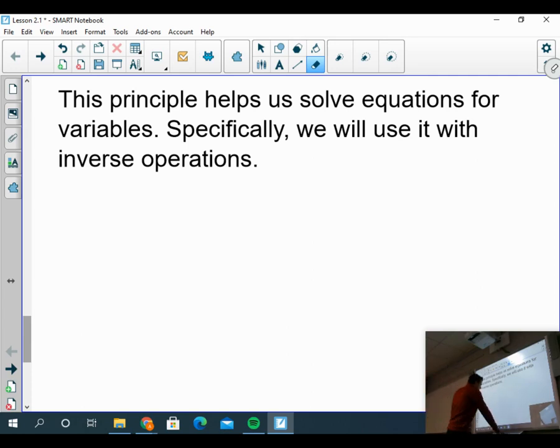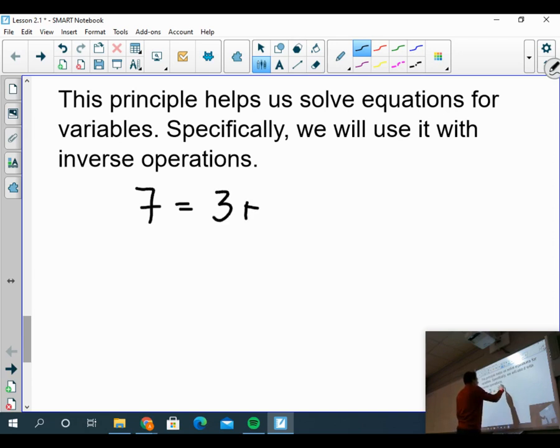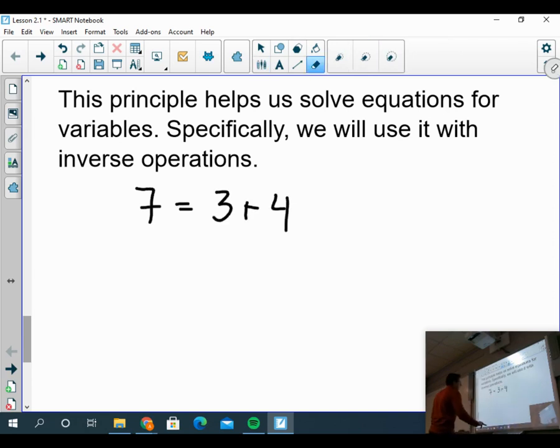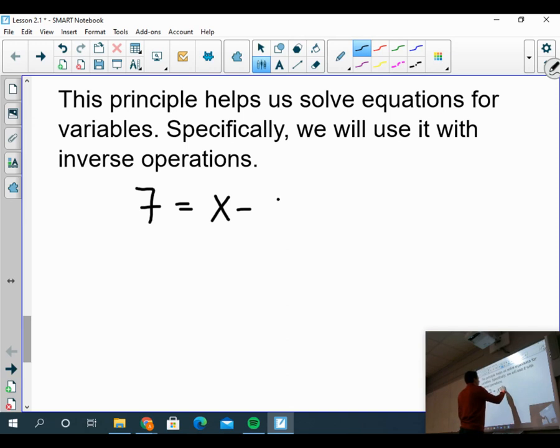You see, what we're not going to be looking at is 7 equals 3 plus 4. What we're going to be looking at instead is 7 equals x minus 5. And we're going to want to isolate the x variable here, so we can figure out what it is.